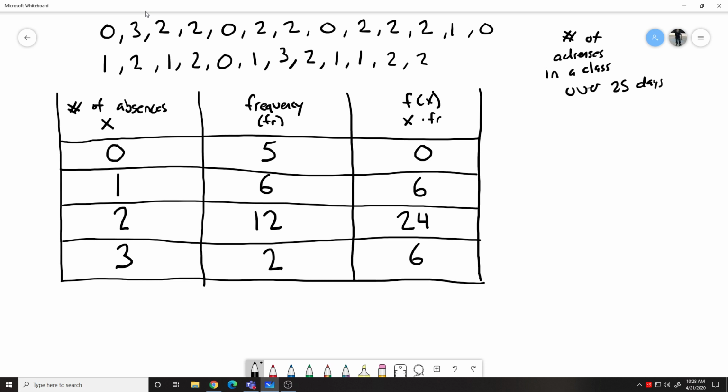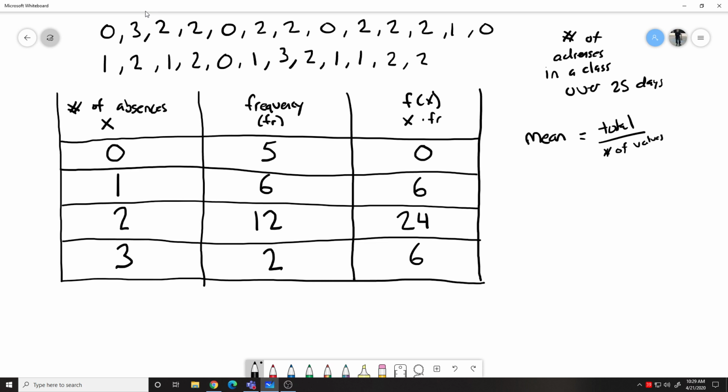So I want to know the average, or the mean, of my data here. If you read the last lesson, you know that the mean is that you take the total of all your data and divide it by the number of values you have, and that gives you the mean.